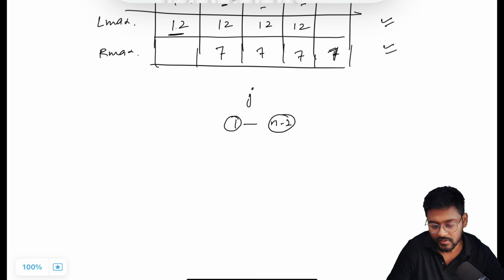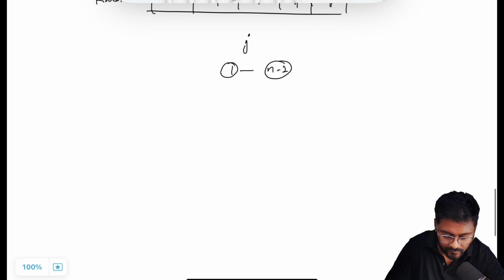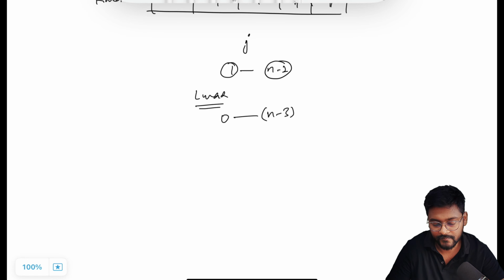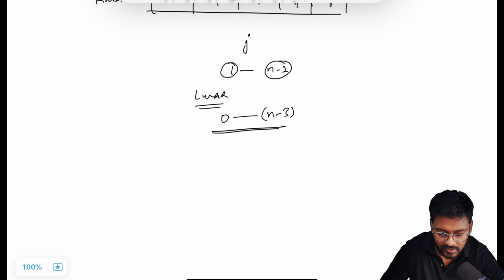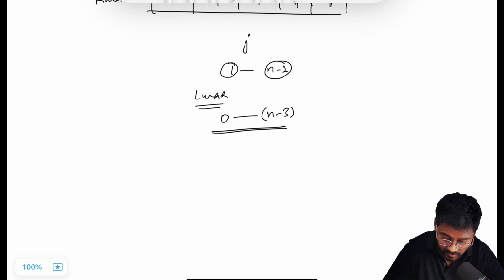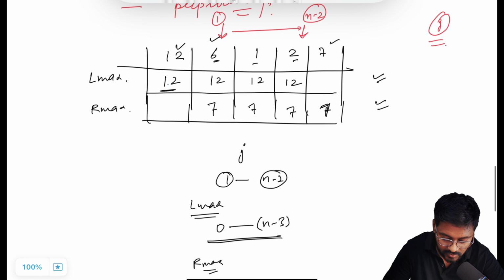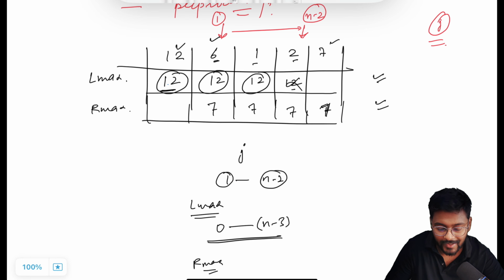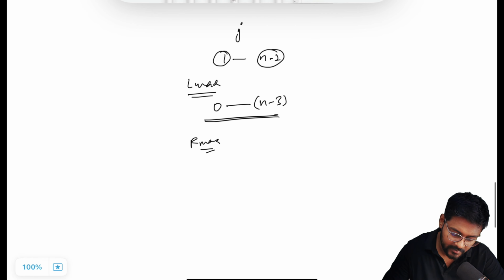So my left maximum I can have from 0 to n minus 3. So these three values will be used, because this won't be used, because at least two elements should be utilized for j and k.